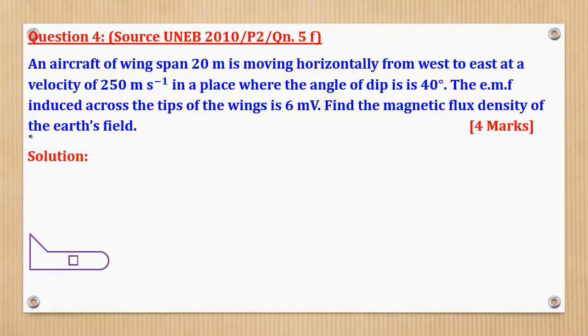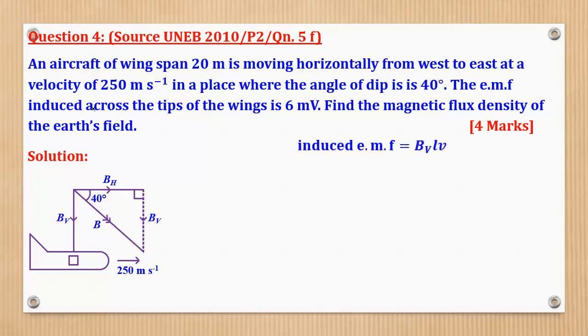So we shall repeat the sketch same as before. Put the velocity, then the flux density, horizontal component, vertical component, resultant, and completing a triangle. So we shall repeat the same. Induced EMF is BV LV. So induced EMF is this. It was in millivolts, so you convert to SI unit.